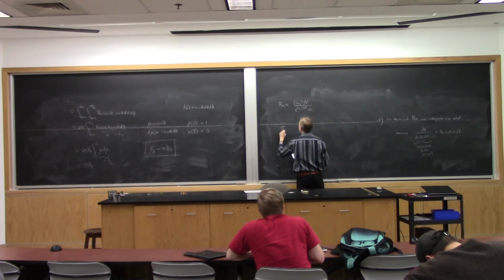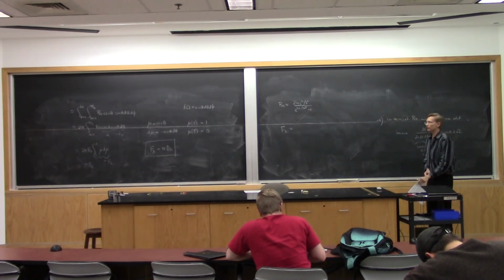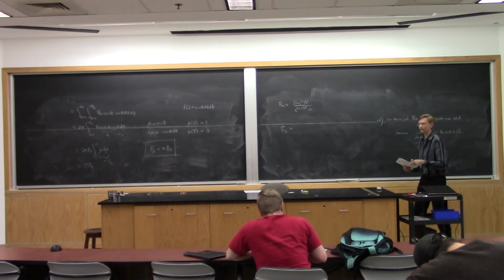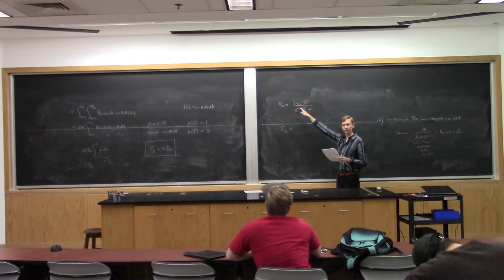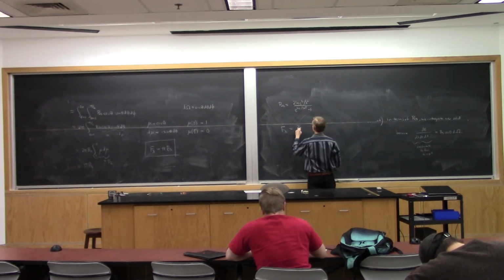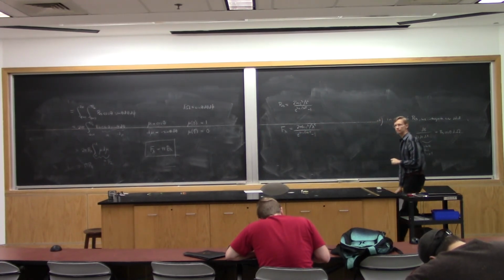This says that F lambda, the total monochromatic flux coming out of the surface, just has an extra factor of pi in front of it. So that's 2 pi hc squared over lambda to the 5th, over e to the hc over lambda kT minus 1. That's F lambda.